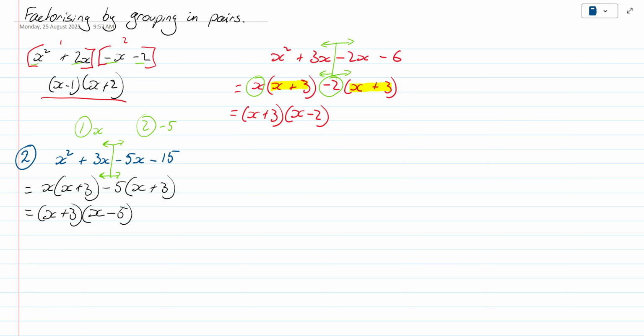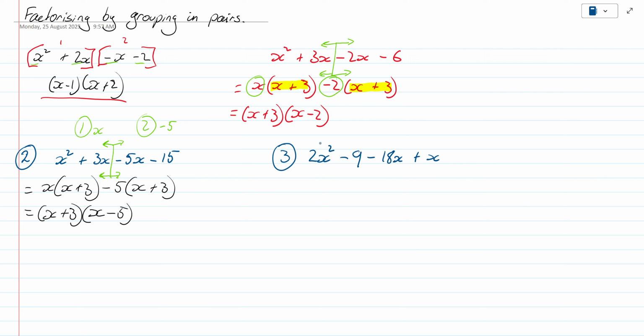Now in example 3, it's looking slightly different. The difference here is we have our power, we have our coefficient and our pronumeral with the power out the front still. This is non-monic, so we've got a value greater than 1 out the front, which can make the factorization process a little bit more difficult. And what you're looking for is, in your pairs, are you able to factorize that simply?